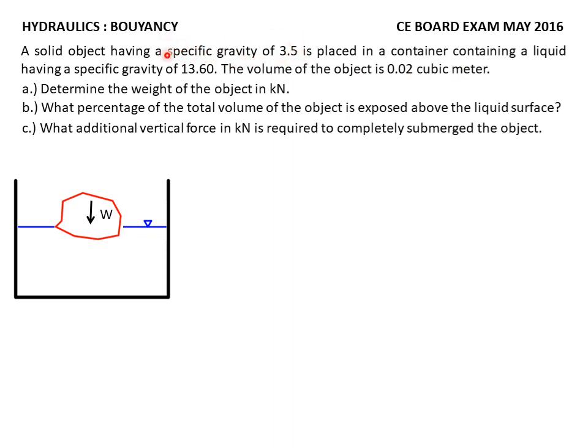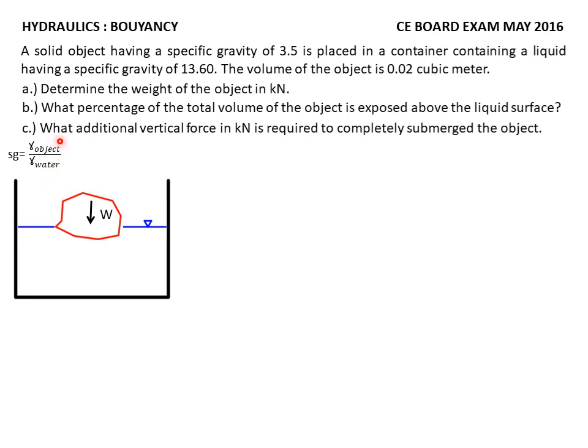Let's define first the specific gravity. Specific gravity is the ratio of the unit weight of the object divided by the unit weight of the water.